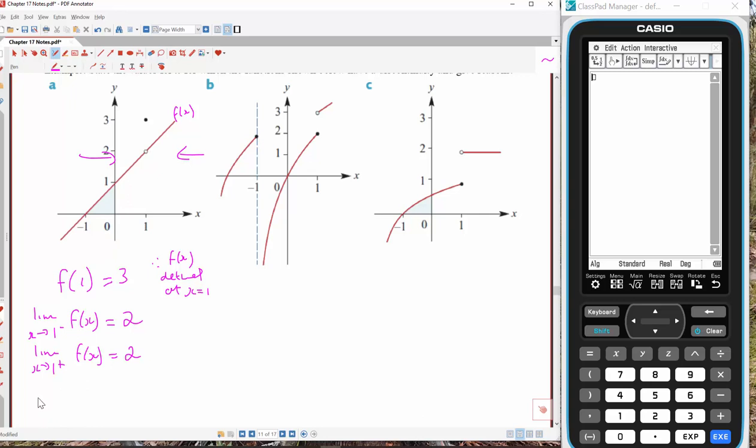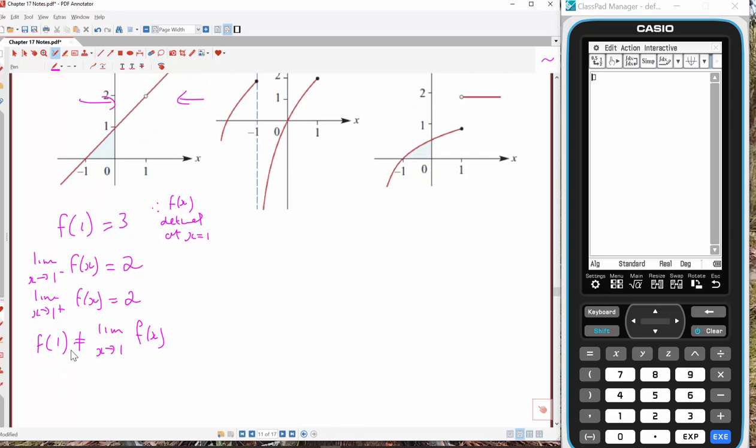So f of 1 is not the same as the limit as x approaches 1, and when I say x approaches 1, it implies from the left and right. Therefore, because those values don't match up, f of x is discontinuous at x equals 1.